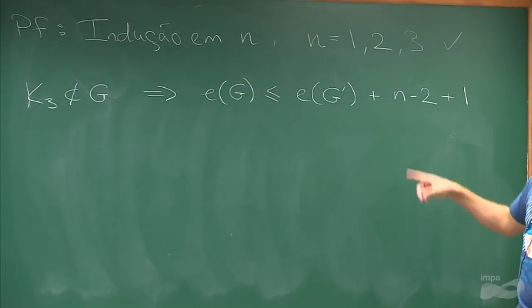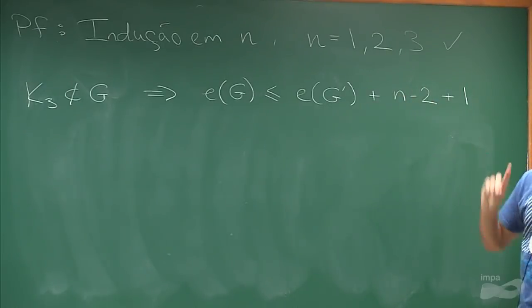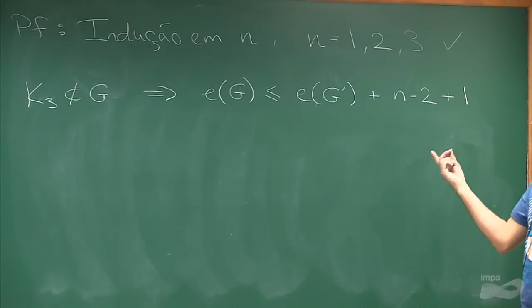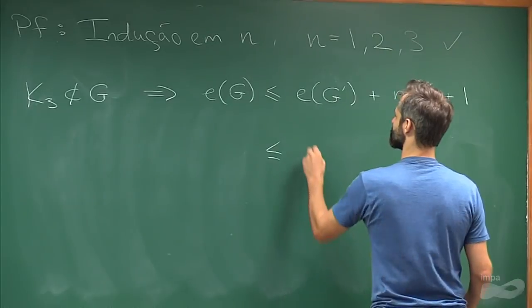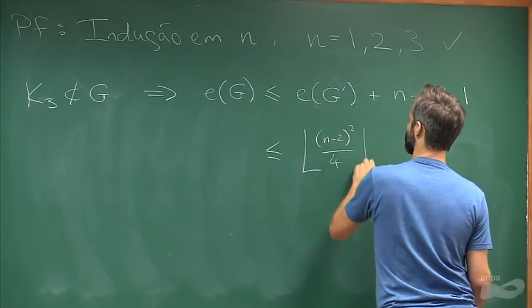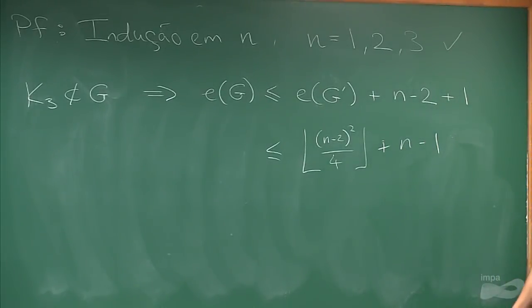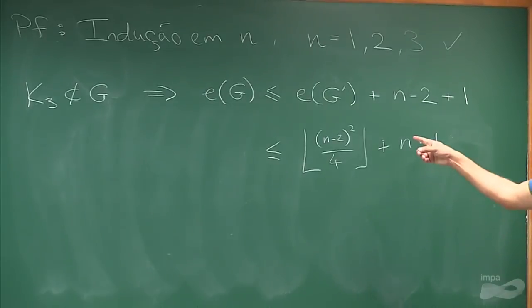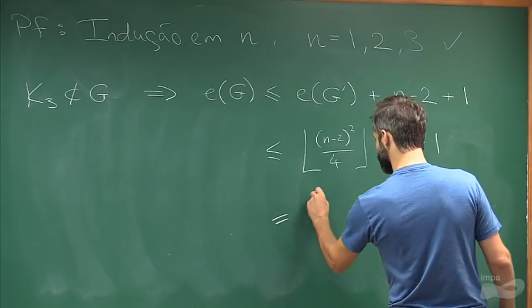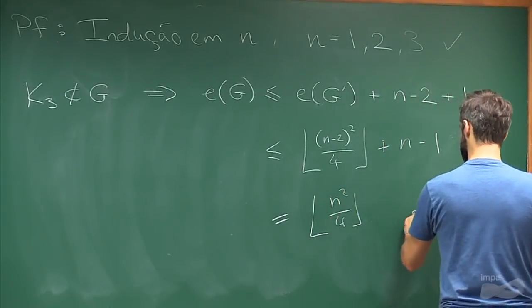Okay, now how many edges does G prime have? Well, G prime is triangle free. So by the induction hypothesis, this is at most the floor of (n minus 2) squared over 4, plus n minus 1. And for those who can do algebra in their head, we'll see immediately this is equal to n squared over 4, as required.